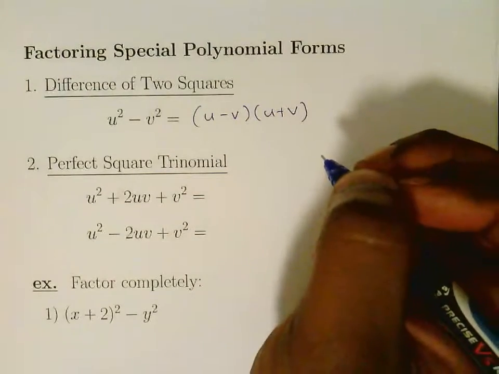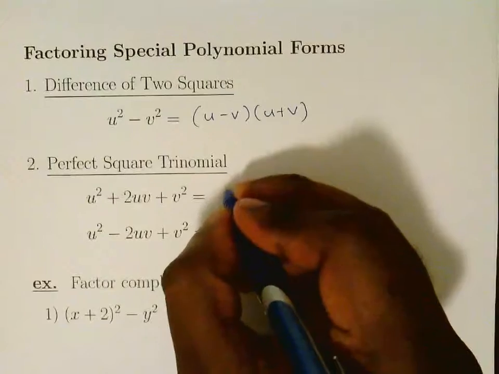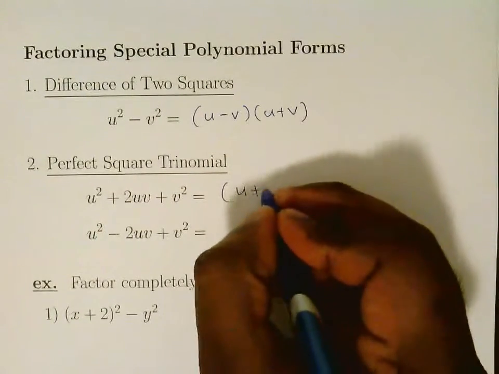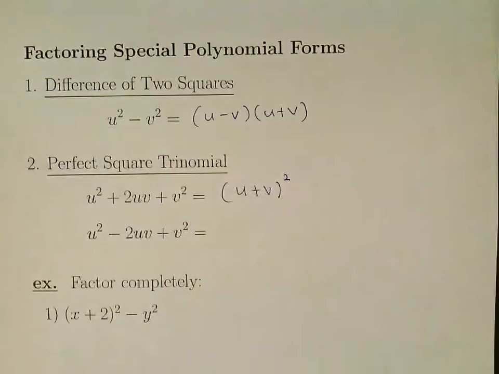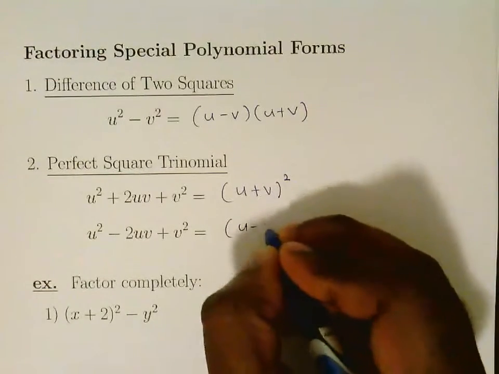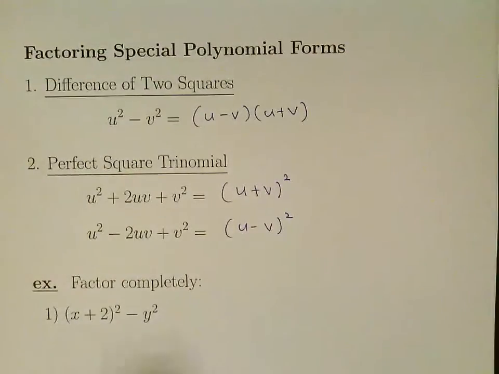The perfect square trinomial is u squared plus 2uv plus v squared, which factors as u plus v, the whole thing squared. And u squared minus 2uv plus v squared factors as u minus v, the whole thing squared.